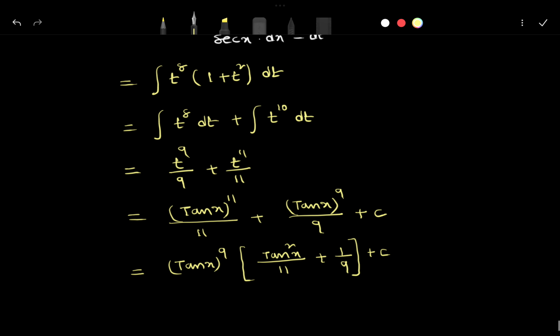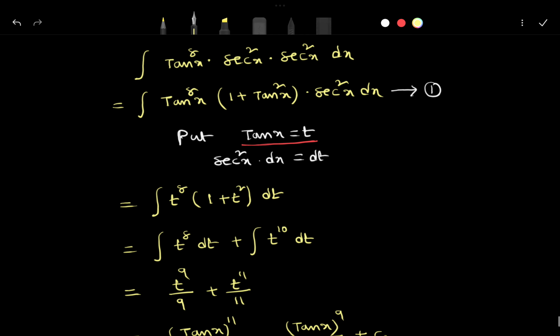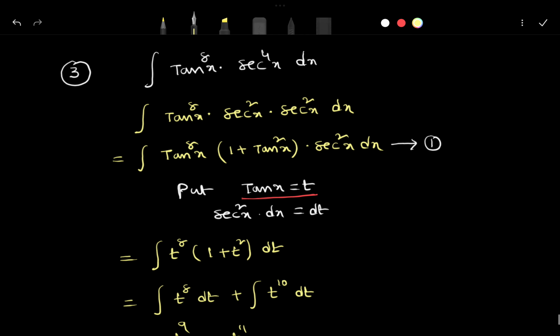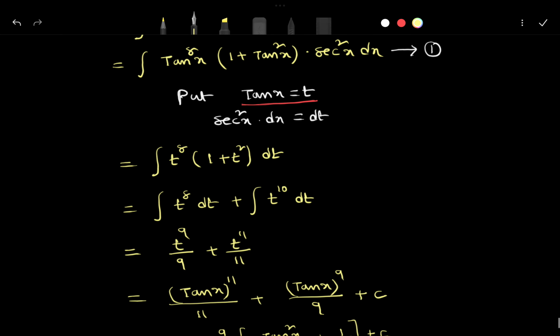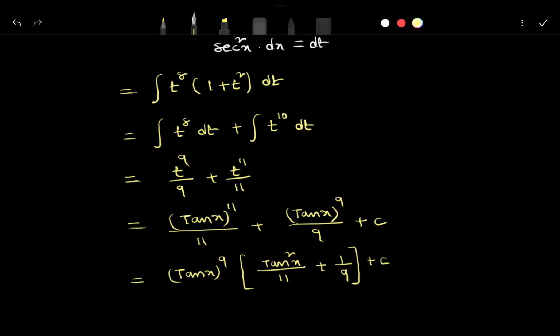So integration of tan x whole to the power of 8 into secant x whole power 4 into dx will be equal to tan x whole to the power of 9 into tan x whole square by 11 plus 1 by 9 plus c. So I hope that everybody is clear on these model problems.